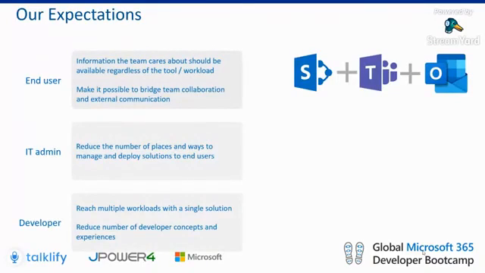Okay, here the expectation from the end user's point of view is that information the team cares about should be available everywhere. The same thing, no dependency or no misleading or anything. Make it possible to bridge team collaboration and external communication. And what about the IT admin team? Okay, they prefer to use a reduced number of places to deploy as well as manage the code.